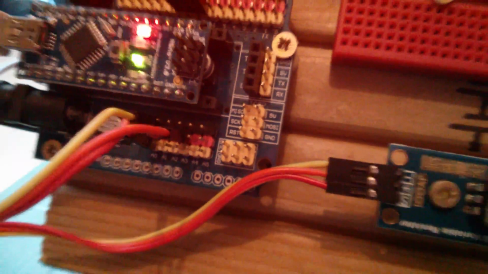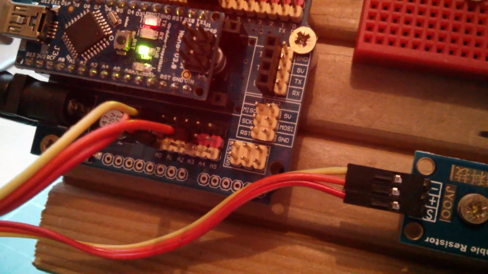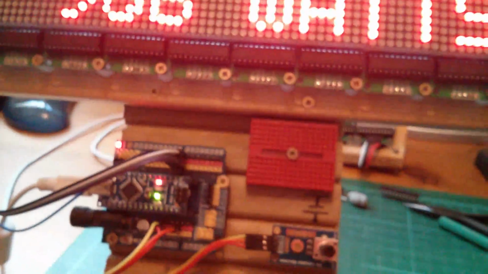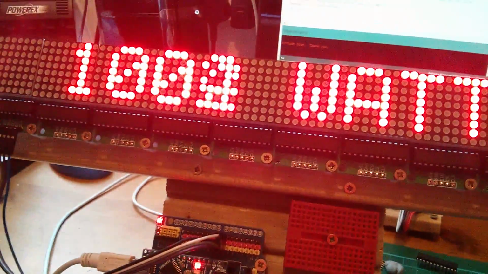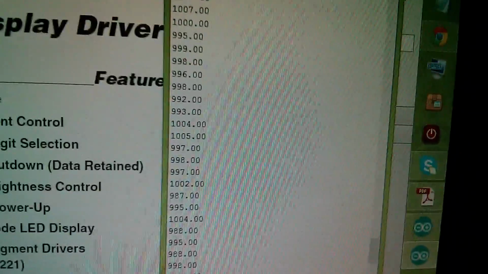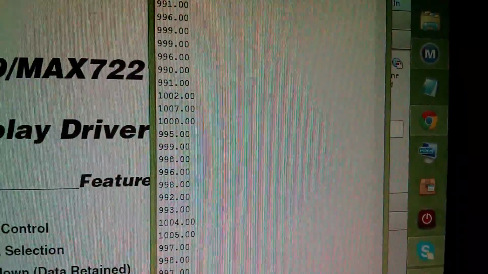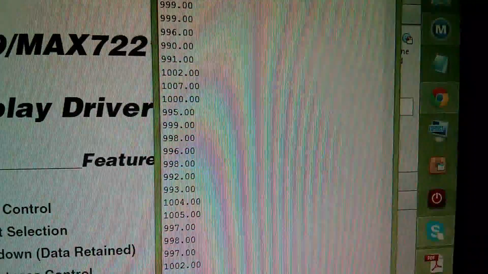And now I've put the potentiometer positive back onto the switch mode 5 volts, and turn the potentiometer up to full. And we are now getting more noise. I've just captured a little bit of it, and we're getting at the lowest 990.